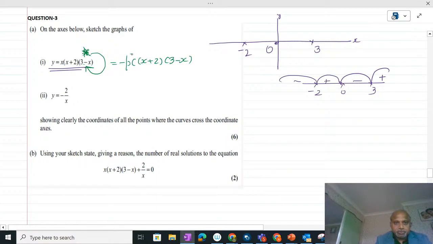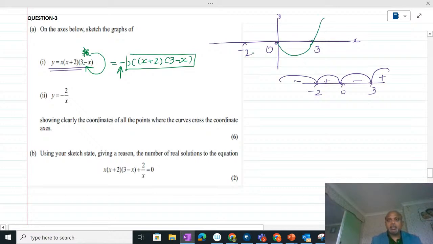Now what you need to do is just sketch this part, and because there is a minus sign, you reverse it, right? So I'm going to sketch this part. After 3 it is positive, between 3 and 0 it is negative, and between 0 and minus 2 it is positive.